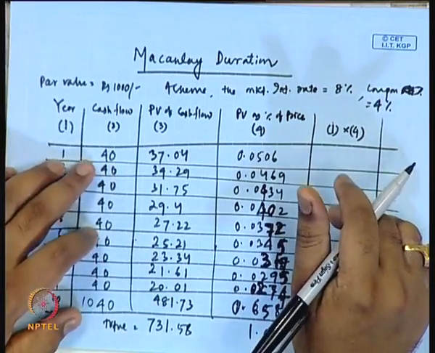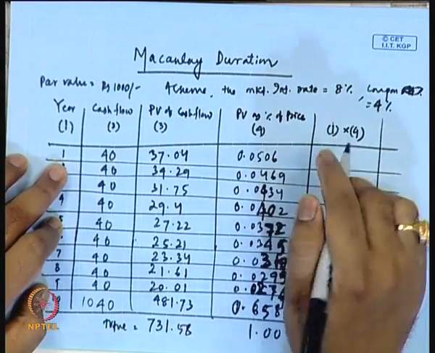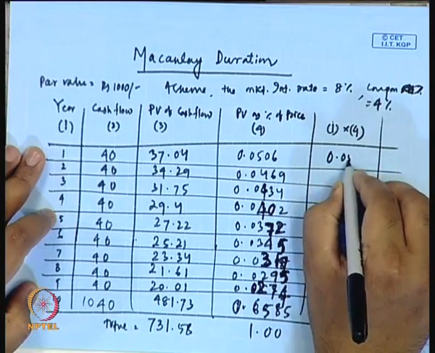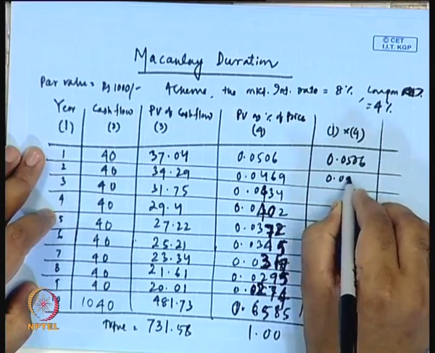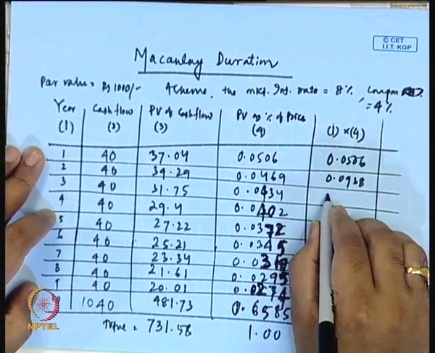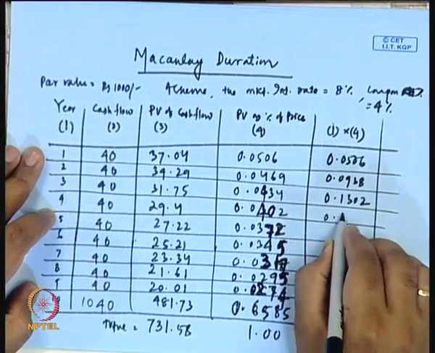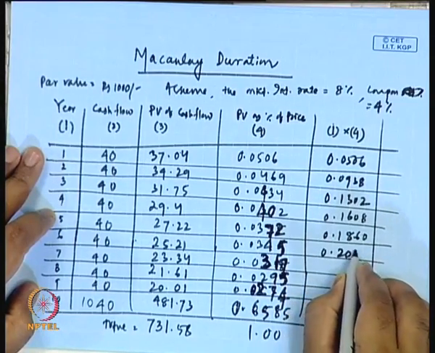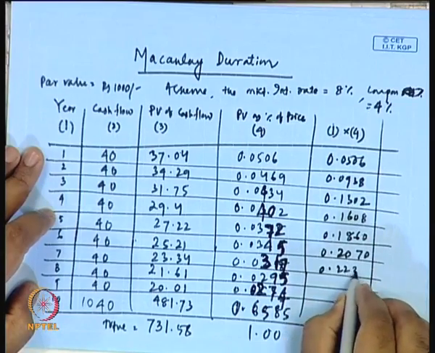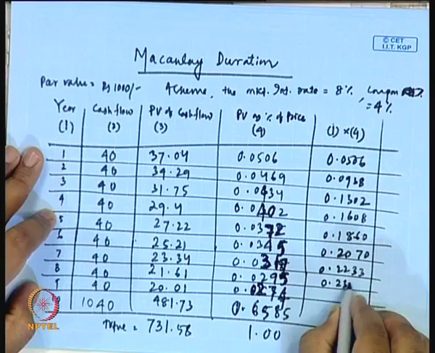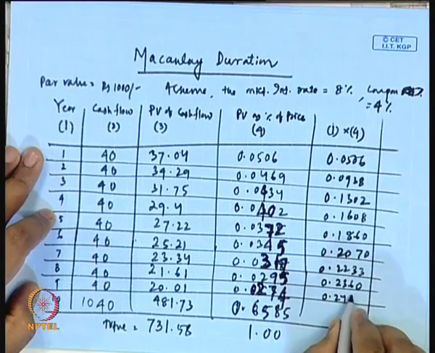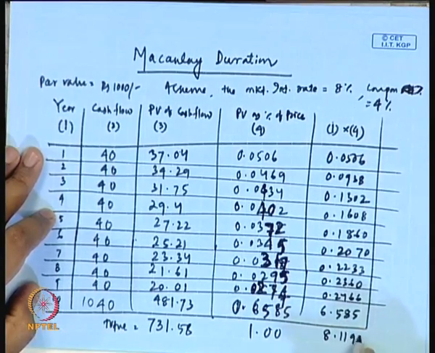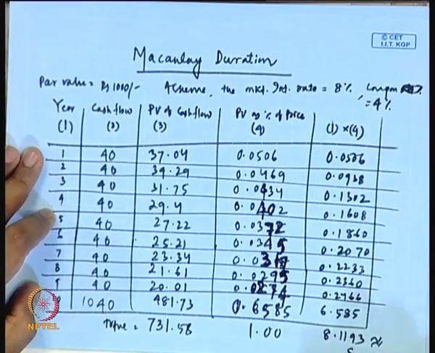Then if you multiply with 1 to 10, you can get the value of this: 0.0506, this will be 0.0938, this will be your 0.1302, 0.1608, 0.1860, 0.2070, 0.2233, then 0.2360, then 0.2466, up to 6.585, and the total will be 8.1193, or approximately 8.12.